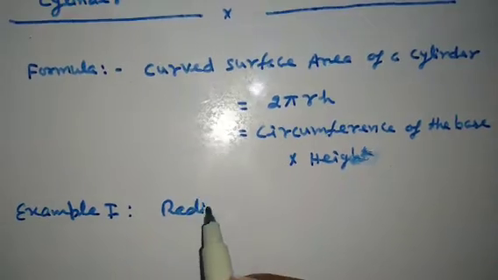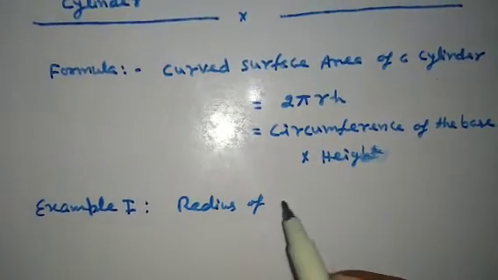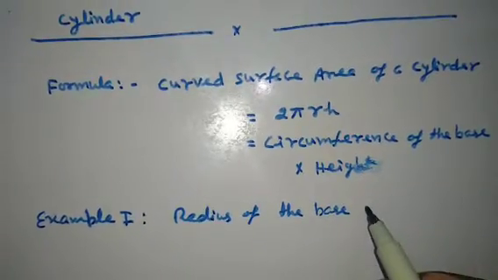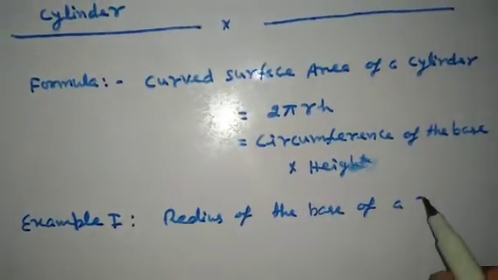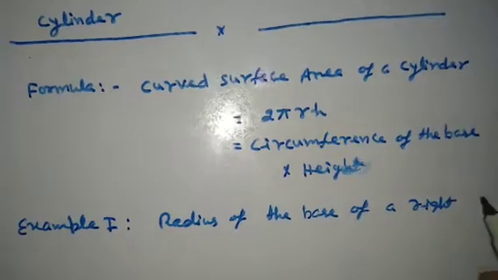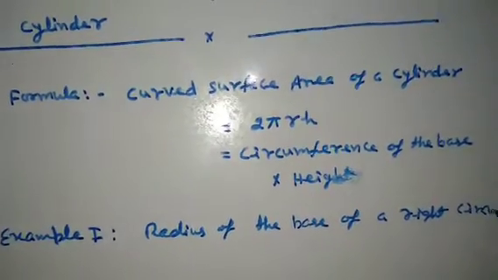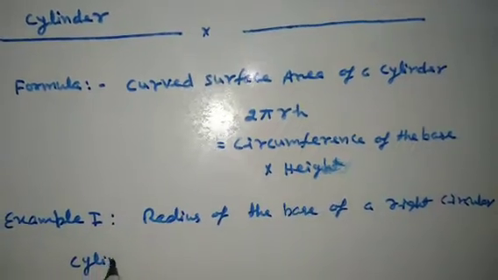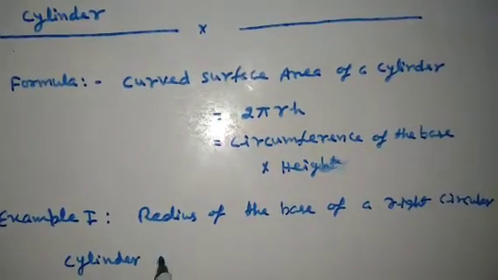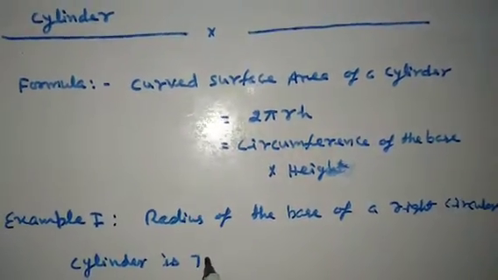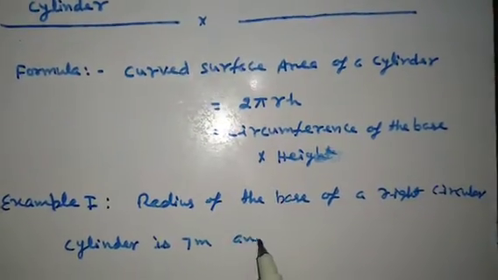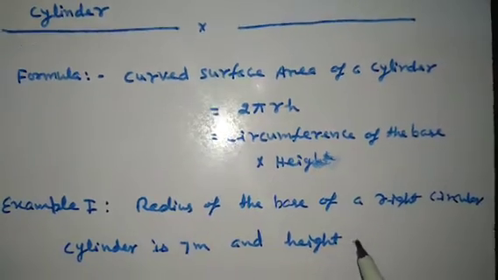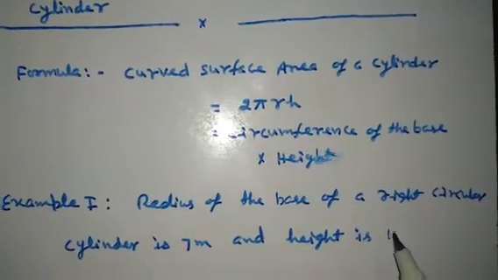Radius of the base of a right circular cylinder is 7 meter and height is 10 meter.